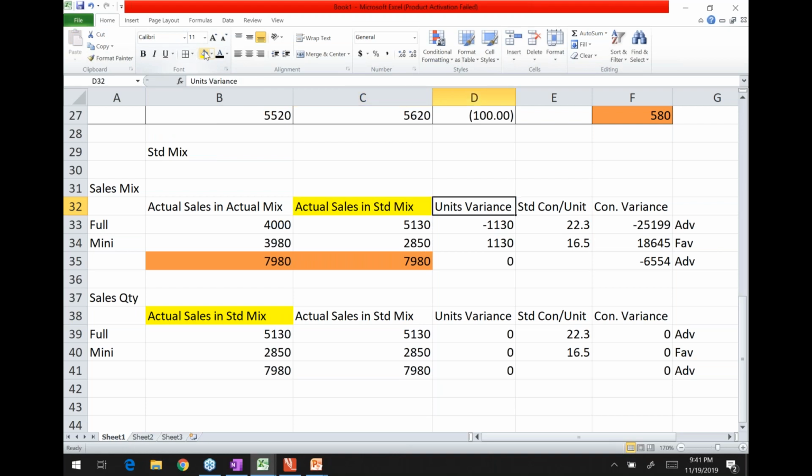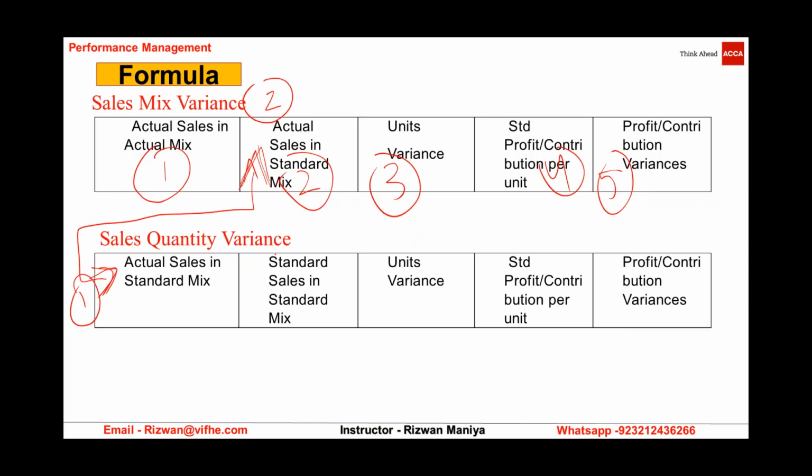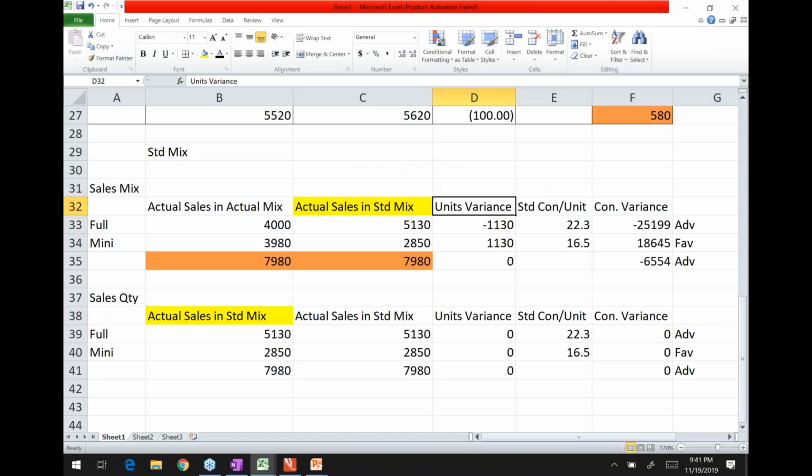Now what's the second thing? Standard sales in standard mix. What is this? It's very simple. It would hardly take 2 minutes to solve this. Now from where will I bring these figures? I will bring these figures from the scenario.